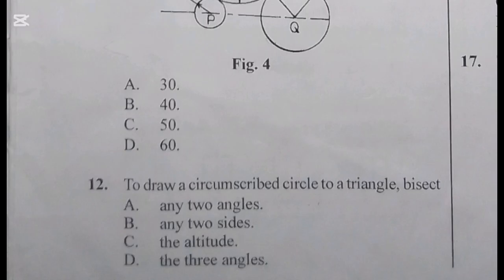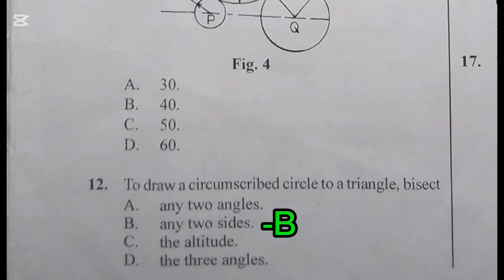Then question 12. To draw a circumscribed circle to a triangle, bisect. If we want to draw a circumscribed circle to a triangle, we need to bisect any two sides. When we bisect any two sides, we get the circumcenter.